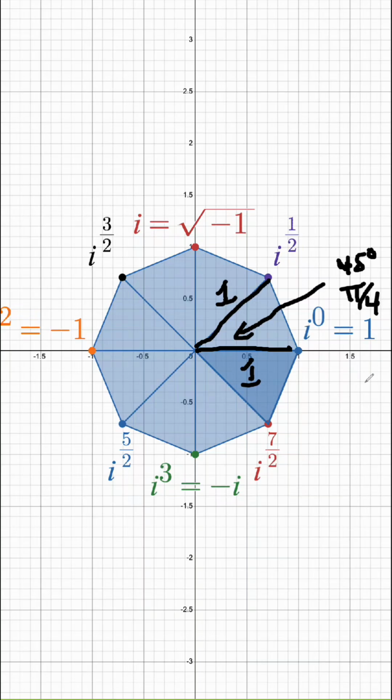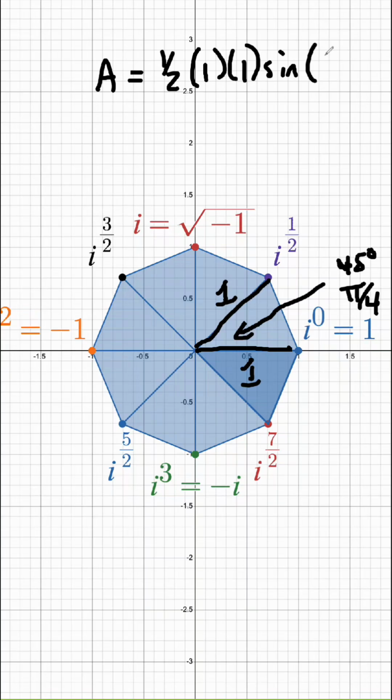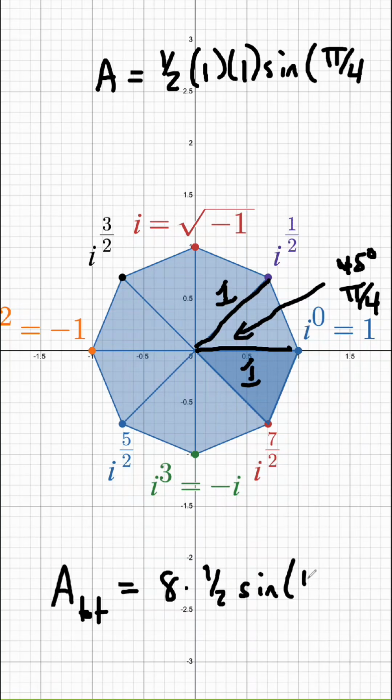So we can say the area of this triangle is 1/2 times 1 times 1 times sine of the angle, which is pi over 4. And if we wanted to find the total area of all of those added together, we could just do 8 times that result. So 8 times 1/2 sine of pi over 4.